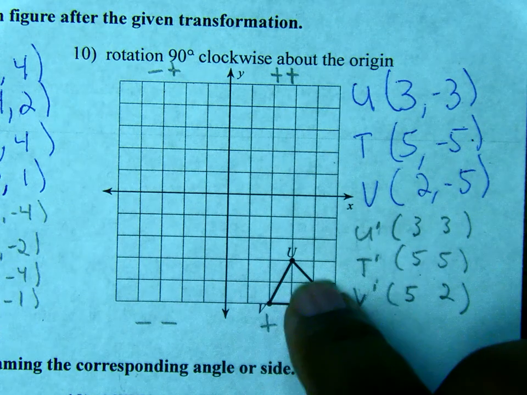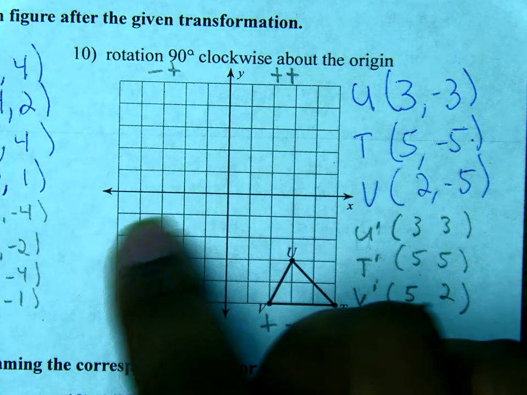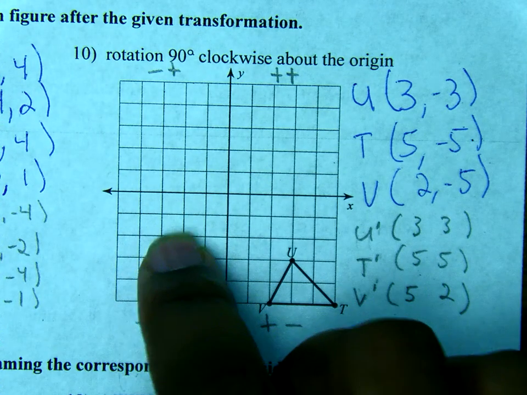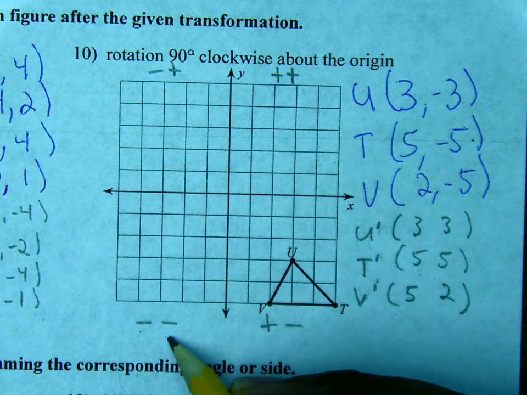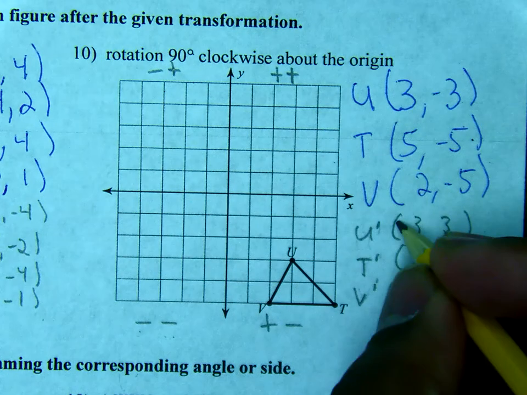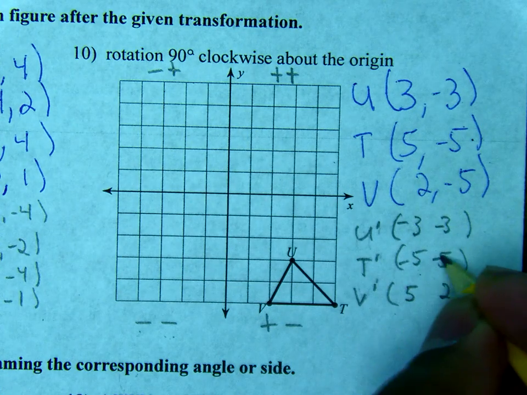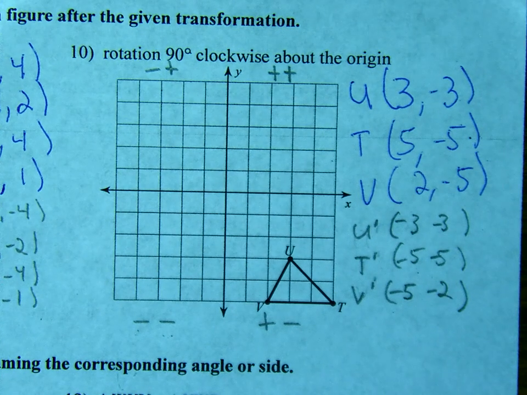So all of these points are going to be in this area. Every single point over here is going to be here. So, since I know my signs are negative, negative in this quadrant, I'm going to make everything negative, negative. And now we have our points.